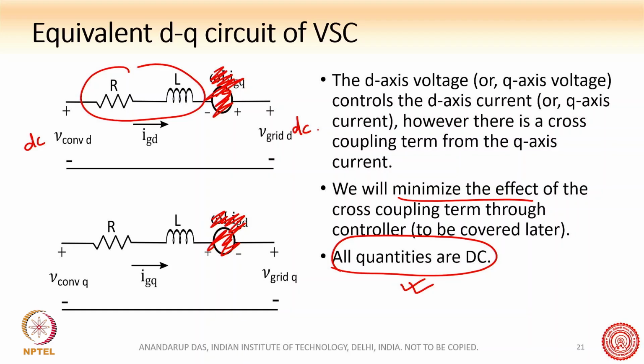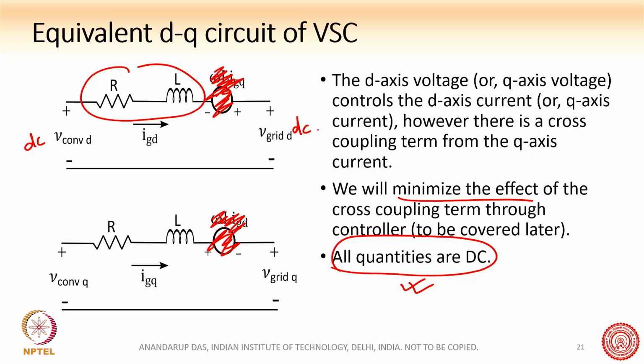You can see here, this is an RL circuit with DC quantities here and DC quantities here, and this is the first step in some form of understanding that I now have a plant which is a first order system. When we go into this DQ circuit, we are able to visualize that in the DQ domain there are two circuits, one D axis and one Q axis, but it seems that this is basically a first order system with DC quantities.